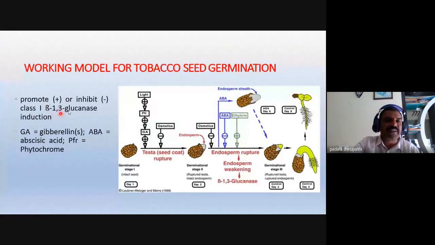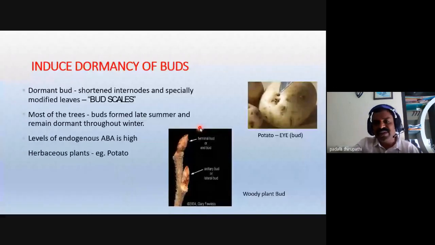See here, this is the beta-1,3 glucanase, and day 6 again. After day 6 and the control day 6, germination reaches stage 3. We observe the control at day 3 and day 4, and at day 6 we observe how the germination varies.